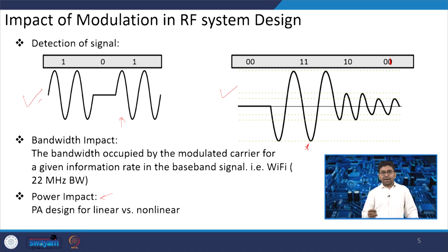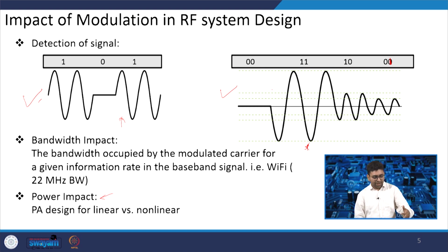And again in the reconstruction, if your power amplifier linearity is not good, then when you try to reconstruct the signal, you will get a much distorted signal. So, there is an impact on power also when we are designing a power amplifier. So, modulation has a big impact on complete RF system design.